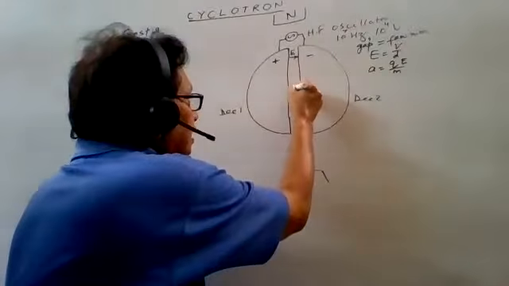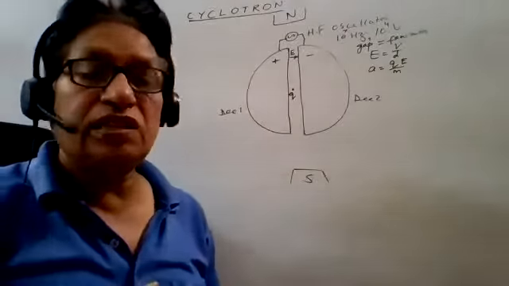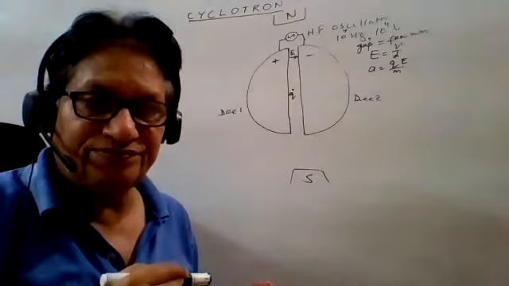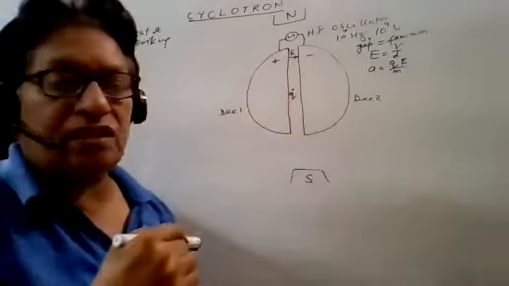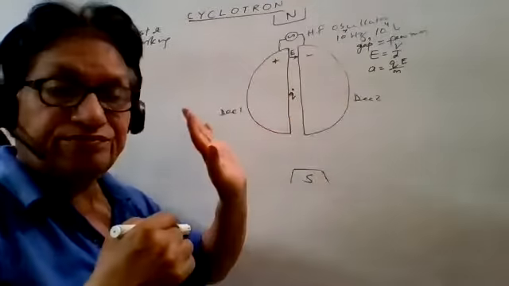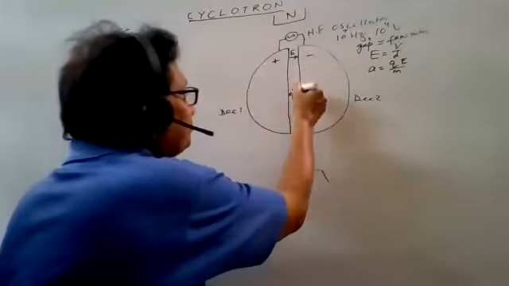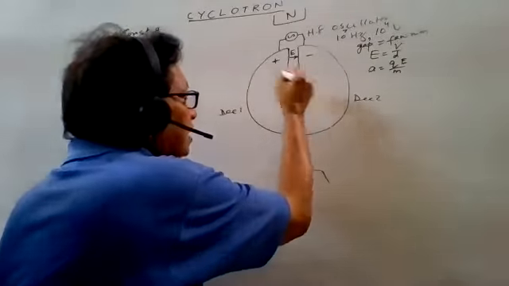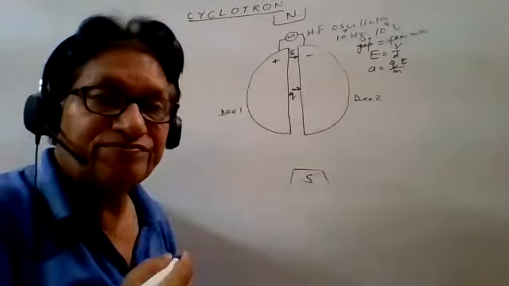Suppose here this is the charge Q. We have generated the charge Q. At that time, this is the direction of electrical field from D1 to D2. Because of this, in the gap, this is the direction in which a positive charged particle tends to move.